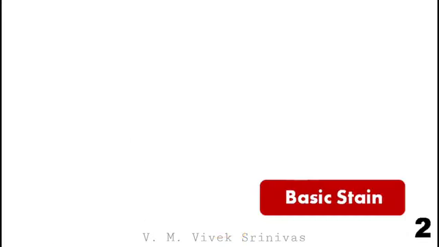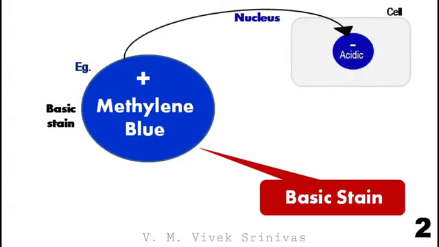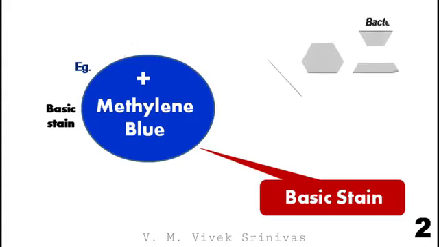Next, the basic stain. The example is methylene blue. Methylene blue is a basic stain, and is positively charged, having a high affinity for the acidic components, that is, the negatively charged structures of the cell, like the nucleus. Importantly, microorganisms like bacteria have mostly acidic components.